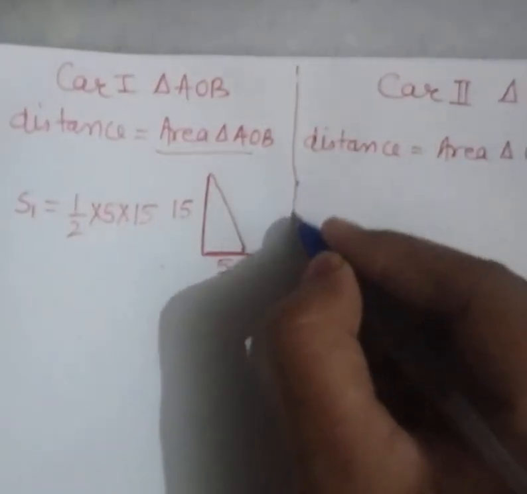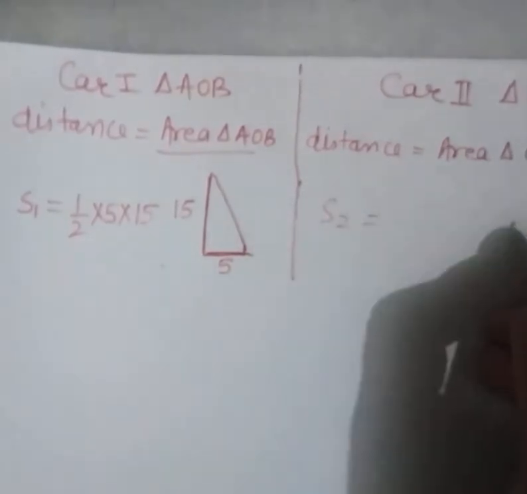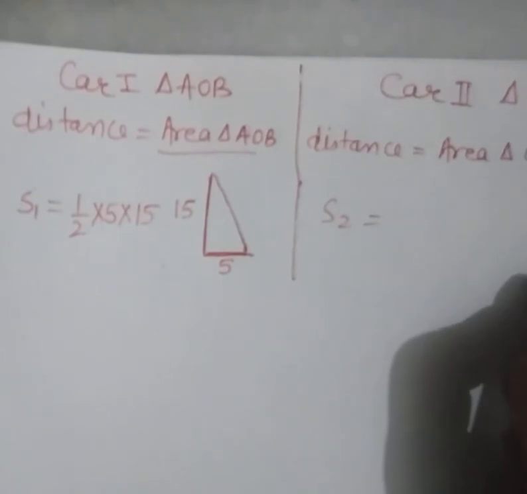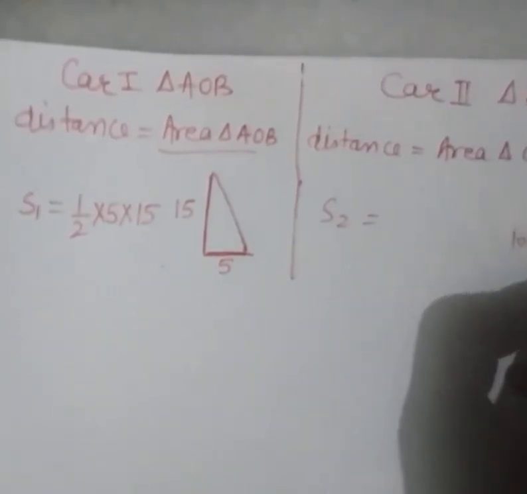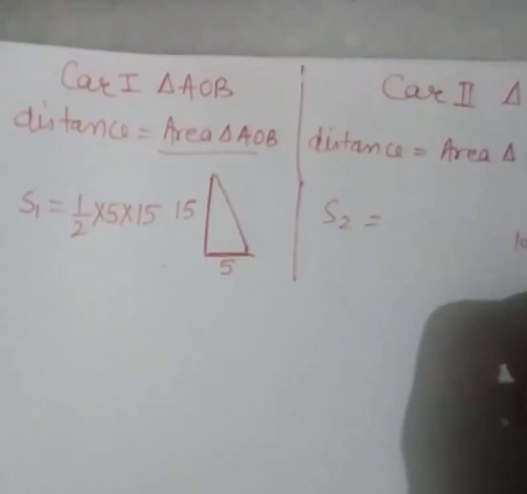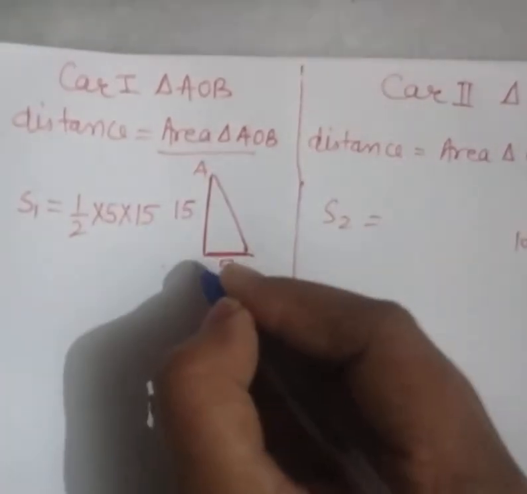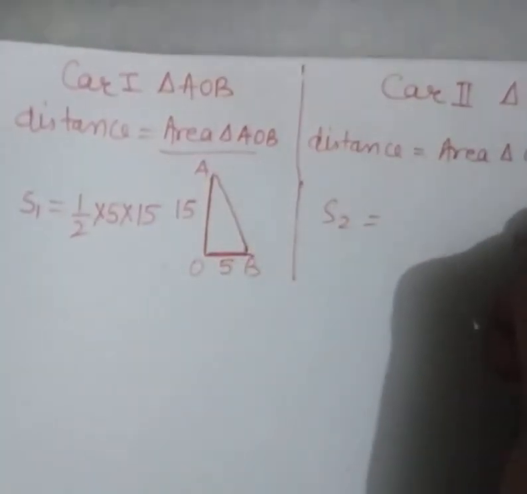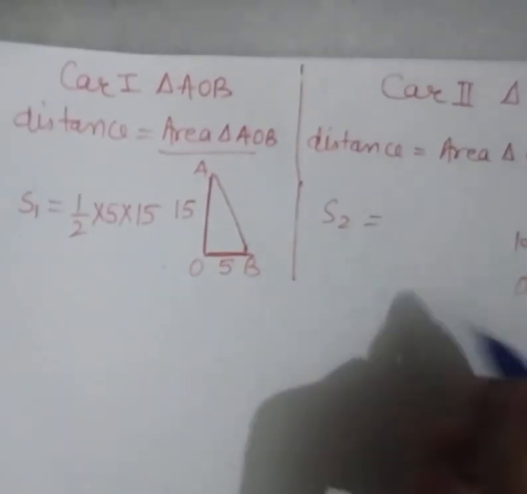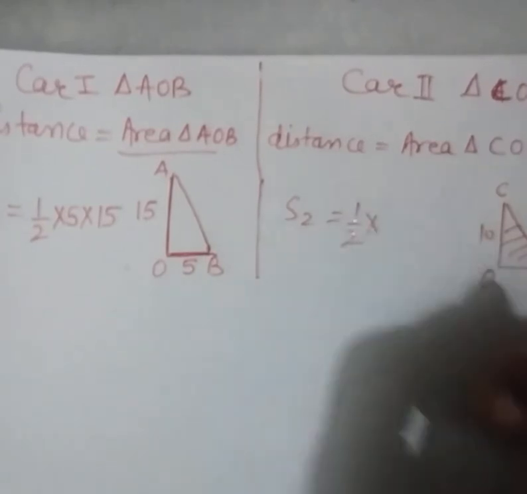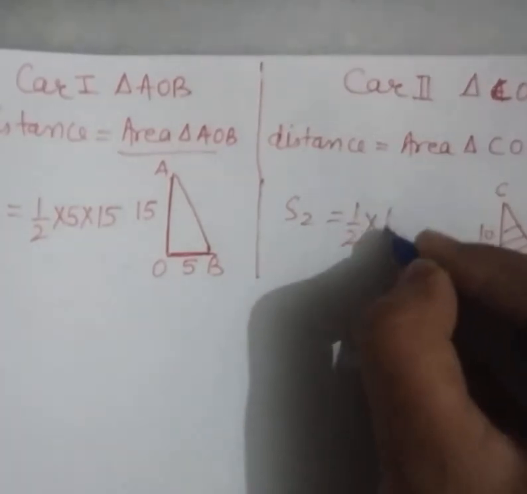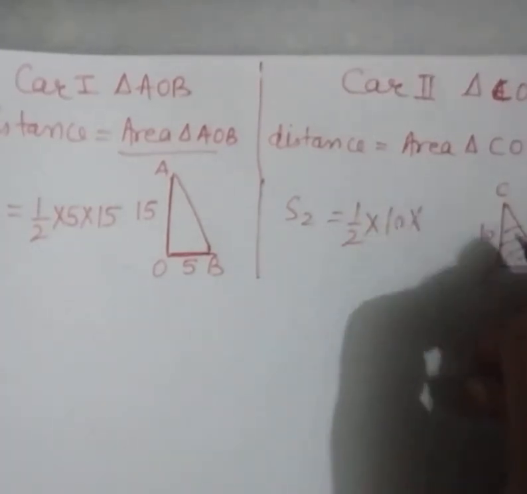Okay. What about the second distance? For the second, it is 10 speed and 10 time. This is A, O, B, and this is C, O, D. What is the formula? Half into base. Base is 10, height is again 10.